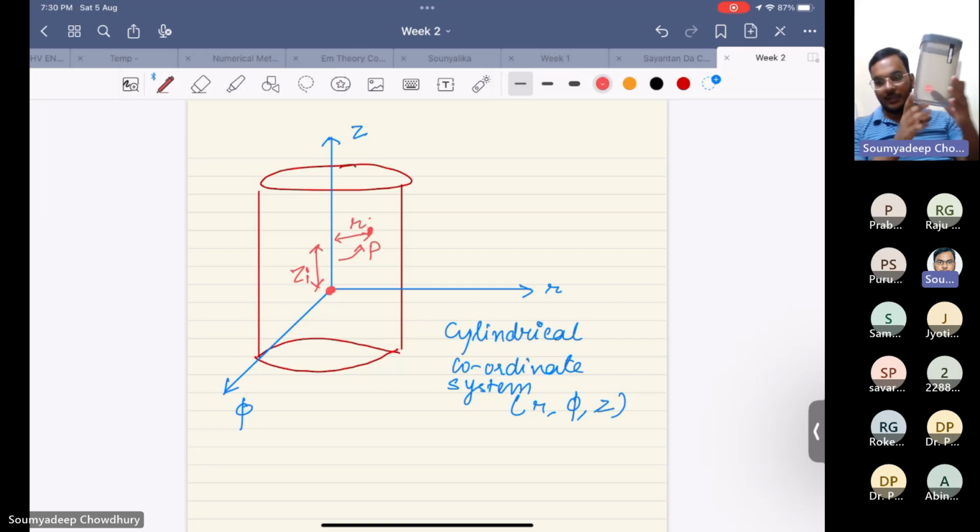If I take any point within this container, say the tip of this pen, you see there is a displacement of this point from this axis. It is also lifted up from the ground by a certain distance. And again, along this curvature, we have some displacement, right?